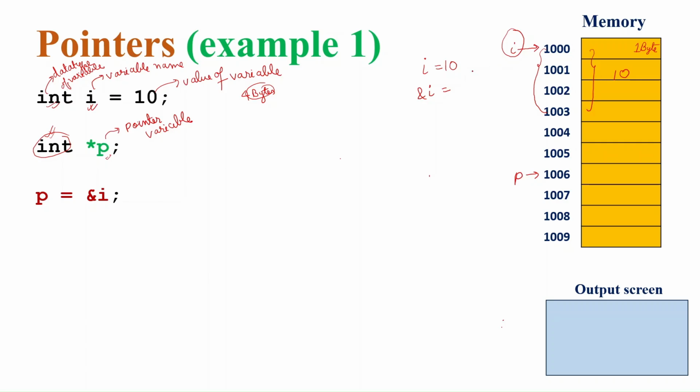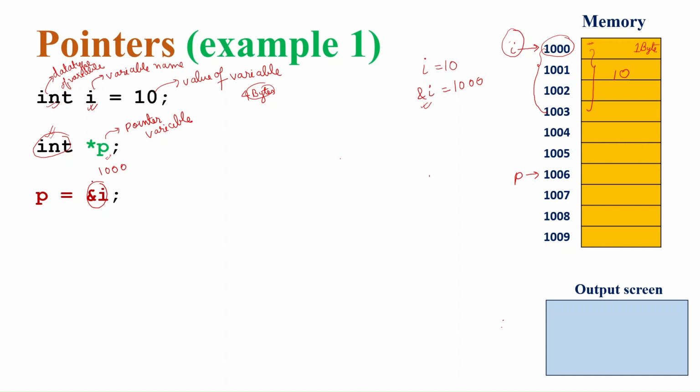But what this address-of operator returns is only the first address of the memory cell which variable i occupies. So it will return 1000 only.